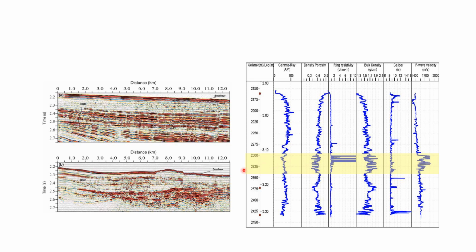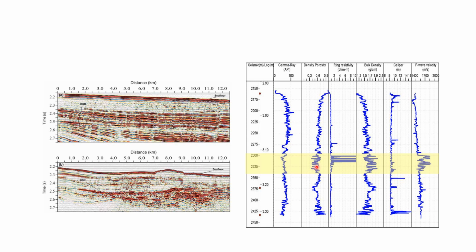Here you can see this is the zone where we are getting the gas hydrate. The gamma ray value is low. This is the 0 value, this is 100, means if the curve is moving from here to here, the energy is increasing, radioactive substance is increasing. But here the gamma ray value is low, that means there is no radioactive substance and it is almost constant.